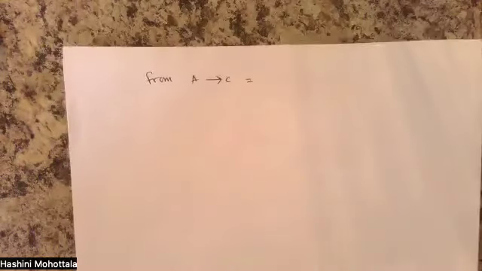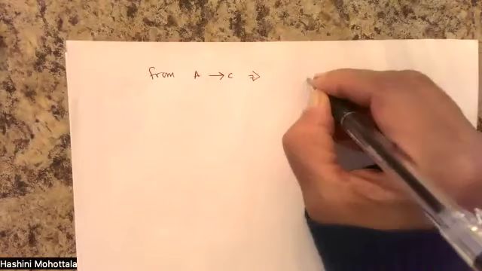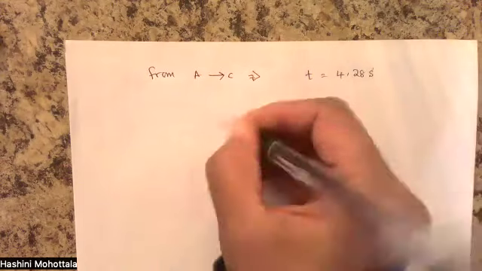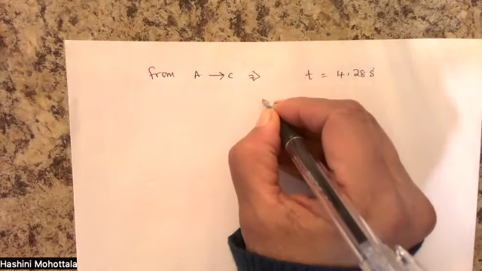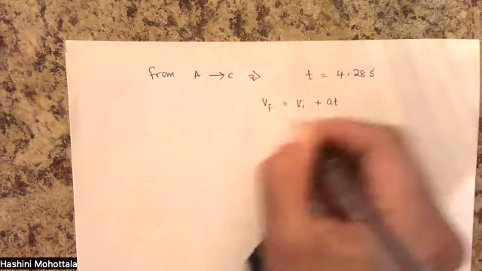But let's check that. So from A to C, we have the time. From A to C, the time is 4.28 seconds. And then we have V final equals V initial plus at.